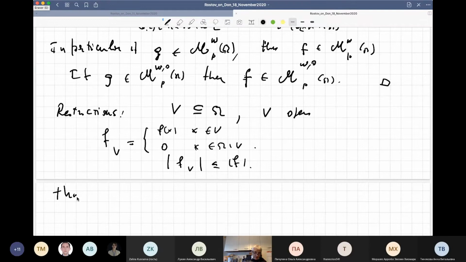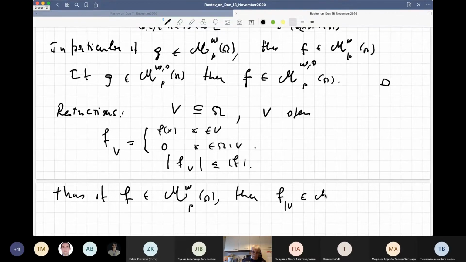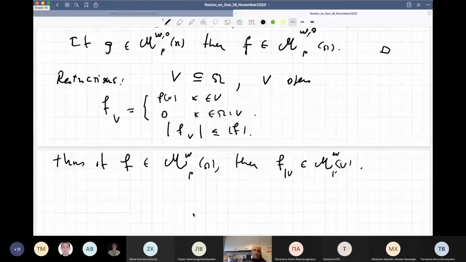Thus, if f is Morrey, then the restriction of f to V is in the Morrey of V. Why?